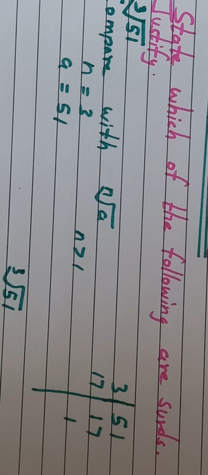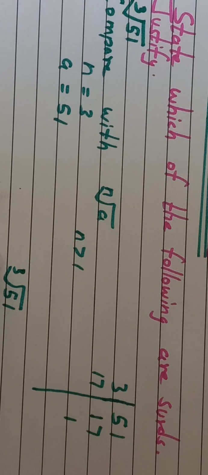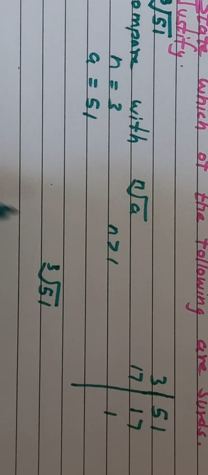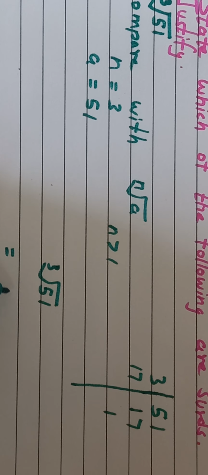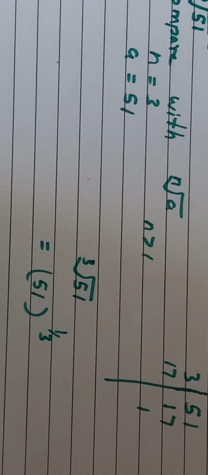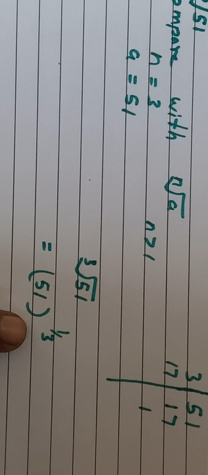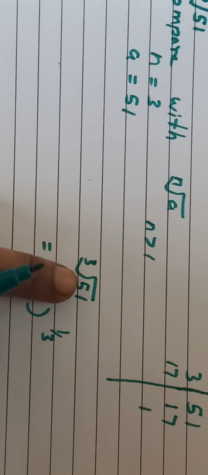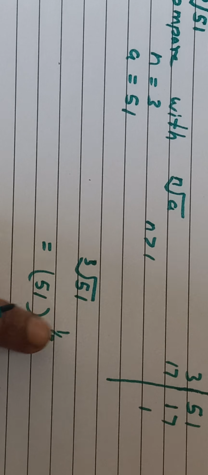In 8th standard we studied cube root and square root. When we write this, we can write it like this also: 51 raised to 1 by 3. I had explained how to simplify it. So cube root of 51 is 51 raised to 1 by 3.